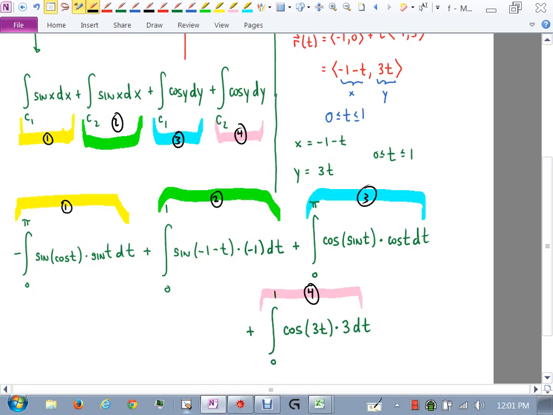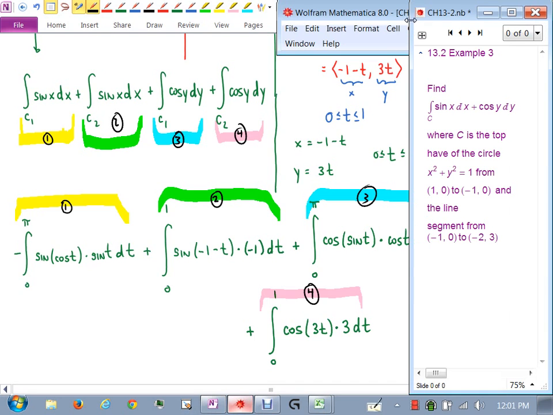And then you go evaluate all of these. Basic substitution, u is cosine t. That would work here. Basic substitution, right? So we could do all those, right? All right. Good.